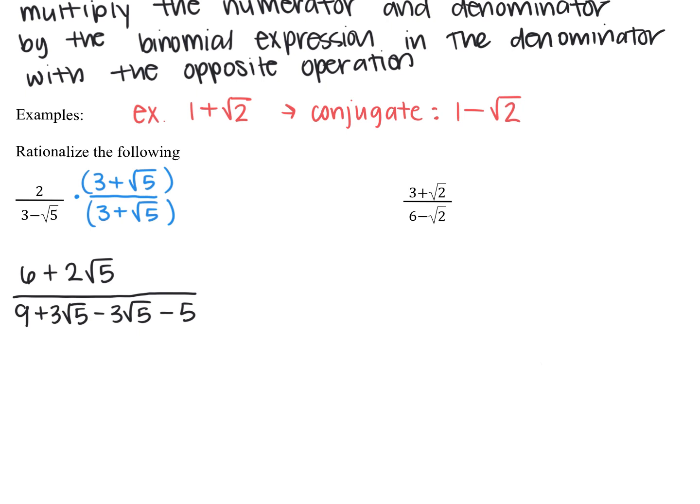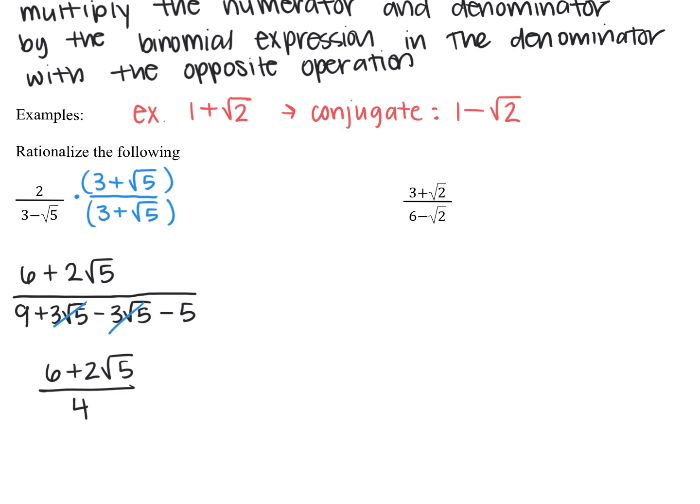Now I notice that in my denominator, my plus 3 square root 5 and my minus 3 square root 5 are going to cancel. So my numerator is 6 plus 2 square root 5 still. And in my denominator, 9 minus 5 becomes 4. So now I only have a single number in my denominator. I no longer have any radicals.